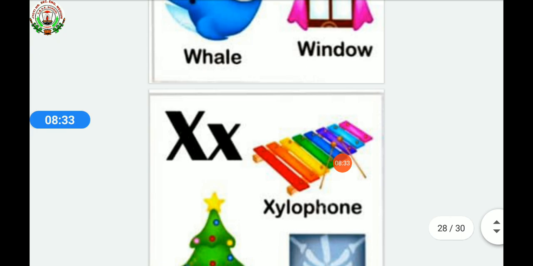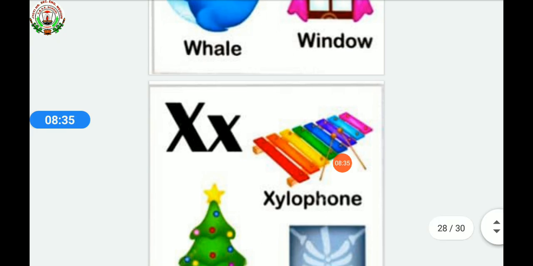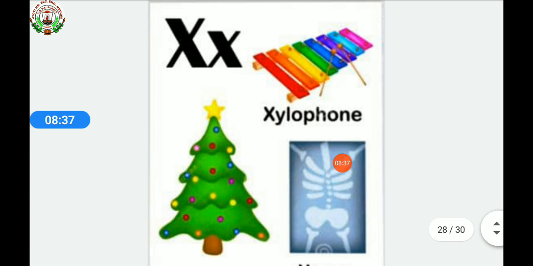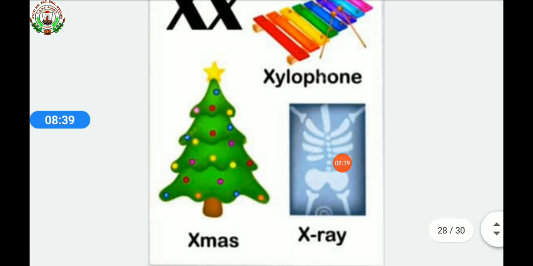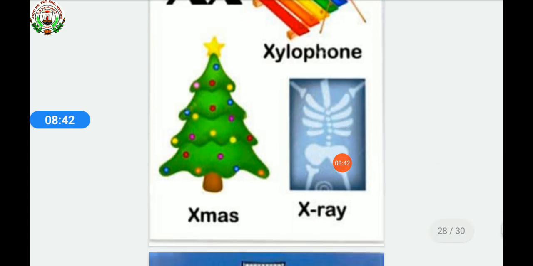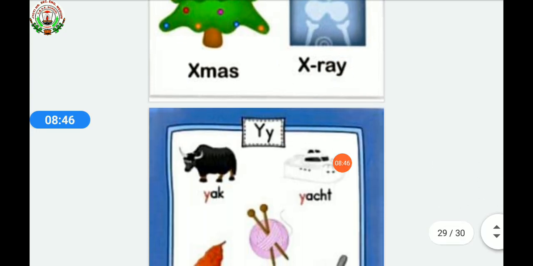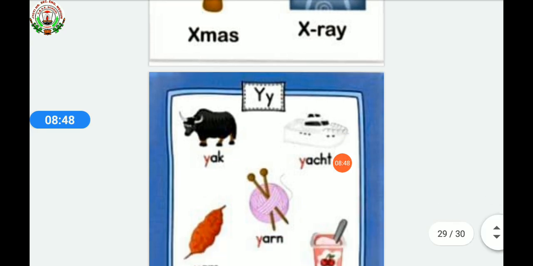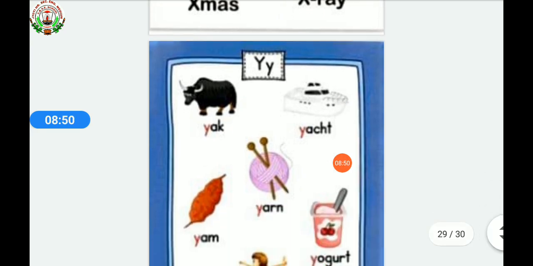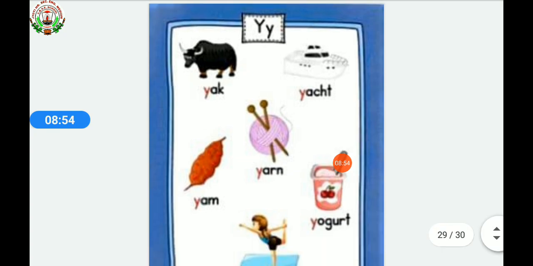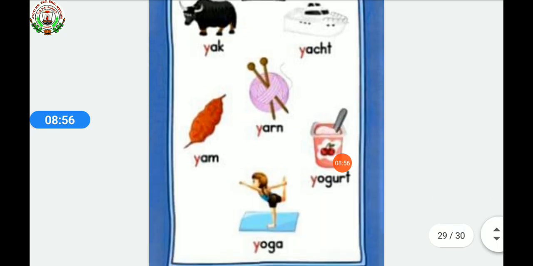After W comes the letter X. X for xylophone, X for Xmas tree, and X for X-ray. Then comes the letter Y. Y for yak, Y for yacht, Y for yum, Y for yarn, Y for yogurt, and Y for yoga.